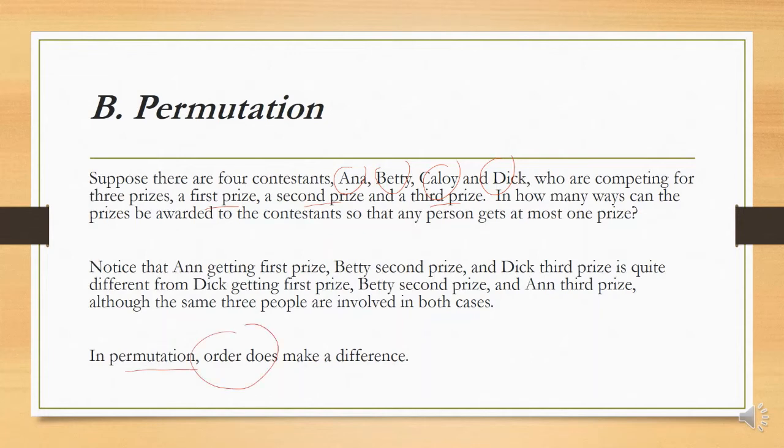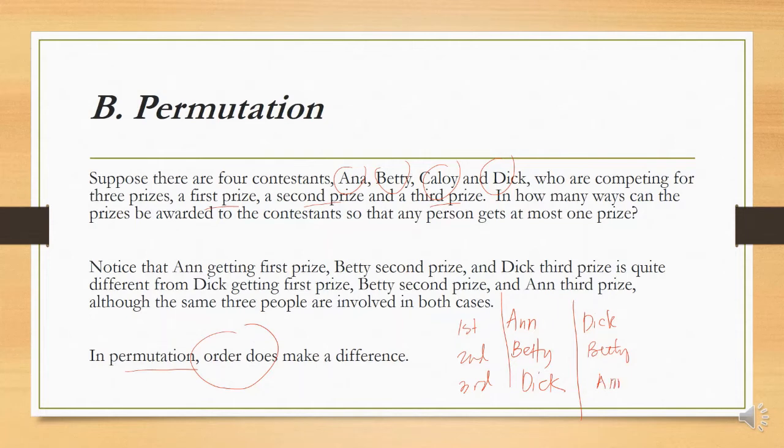If you write down yung first prize si Anne, si Betty, and si Dick, okay, so first prize, second prize, and the third prize, we can have another set, no? Sabi niya, dito ay si Dick naman, pinagbali-baliktad lang siya, Betty, and dito ay si Anne.